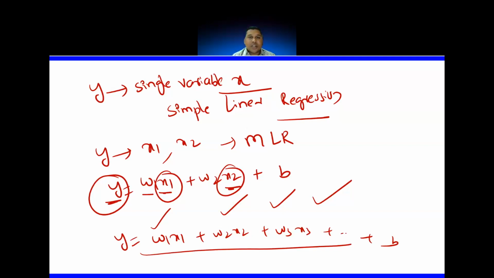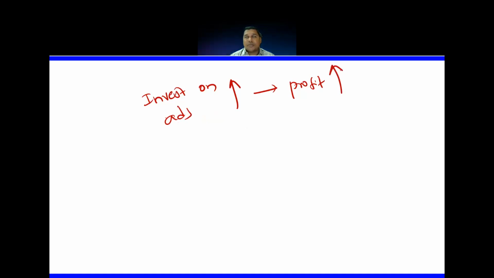So regression is one very powerful technique used for prediction. It is used for finding out the relation between two different variables. Like the example I said, if the investment on advertisement increases, is my profit increasing or not?